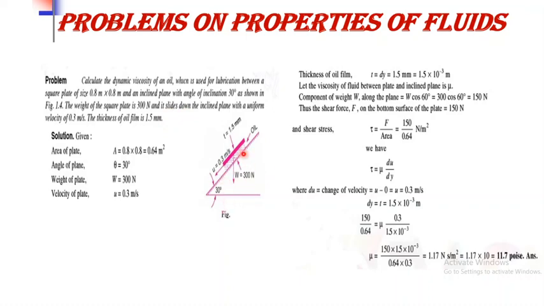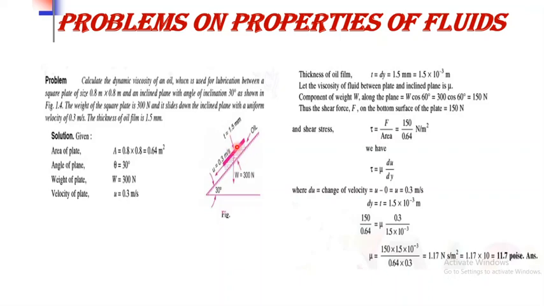The diagram shows the inclined plane which has an angle with the horizontal of 30 degree, and on the inclined plane there is a plate having the weight of 300 Newton. In between the plate and the inclined plane the thickness is 1.5 mm, and in that space there is oil.